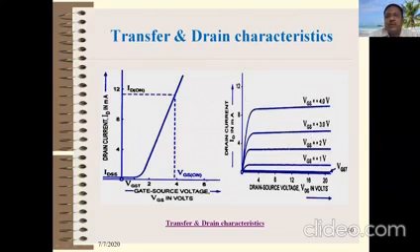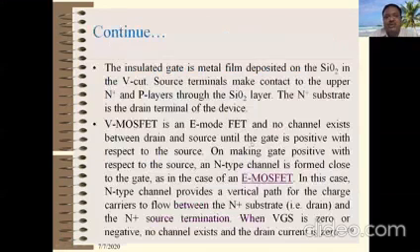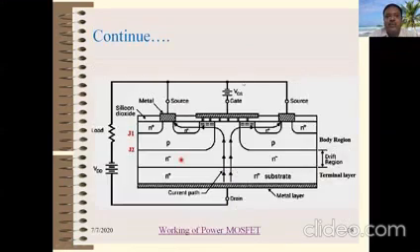So if VGS is equal to 0, as per the construction of the power MOSFET, in this particular figure, the free charge carriers present in the P region will not be attracted towards the plate, so the inversion layer will not form.